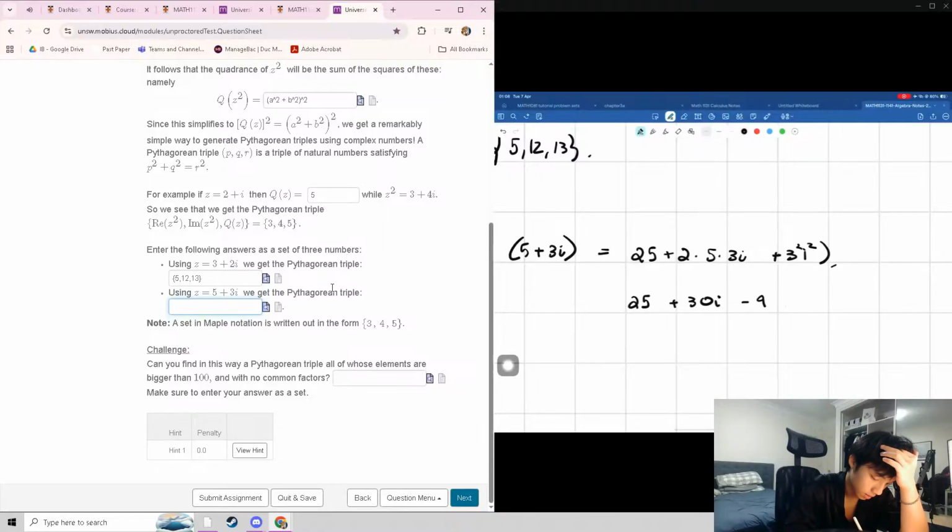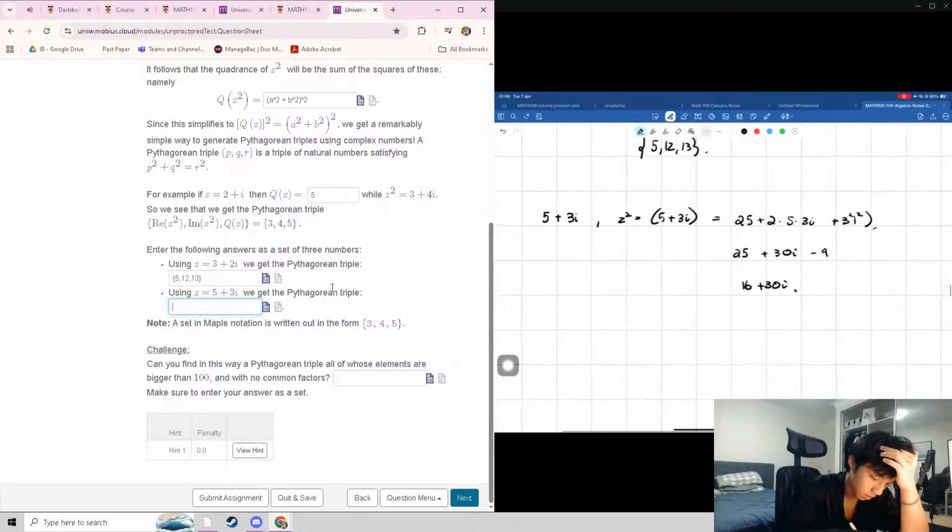That's 16 plus 30i. The real part is 16. The imaginary part is 30.